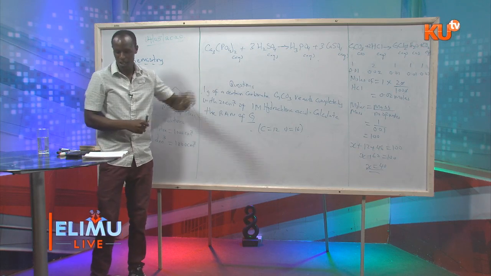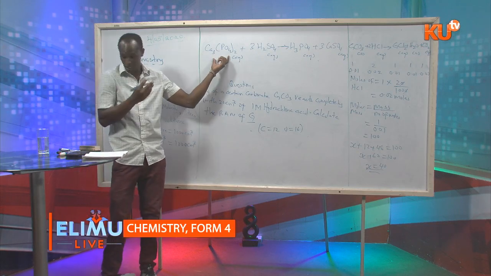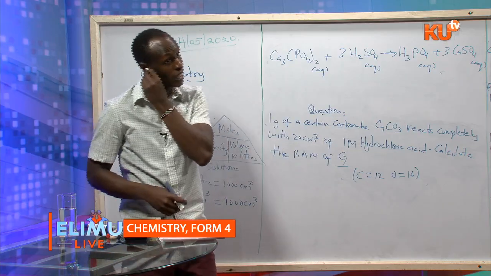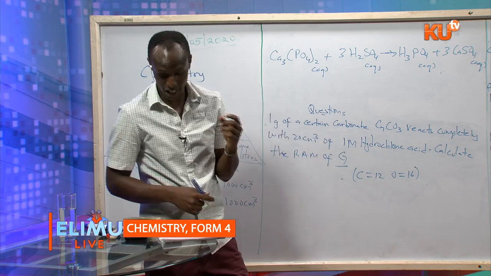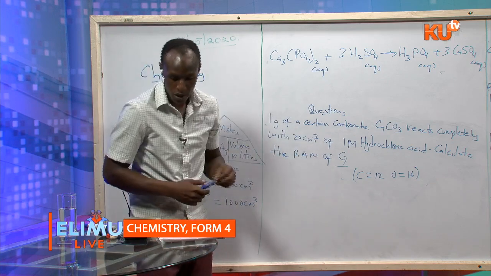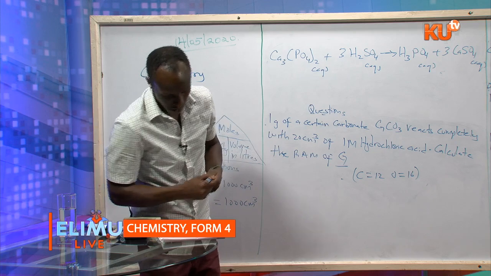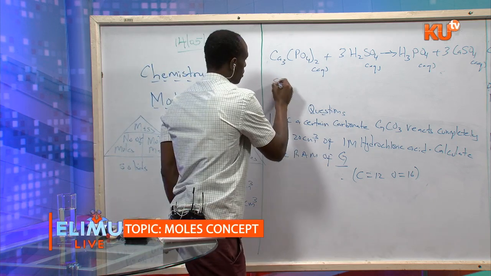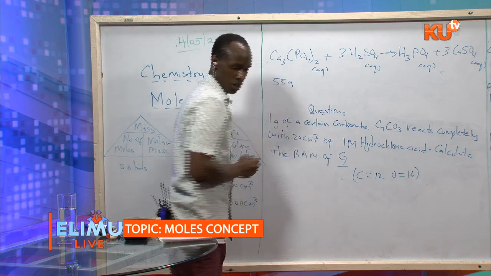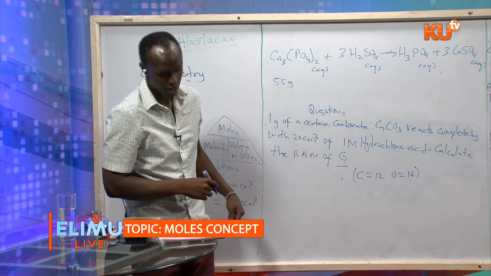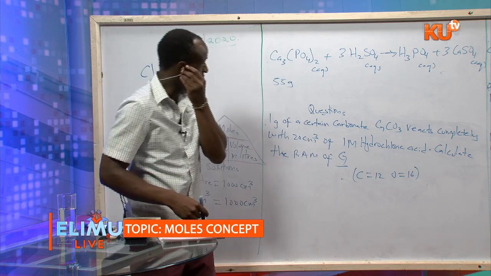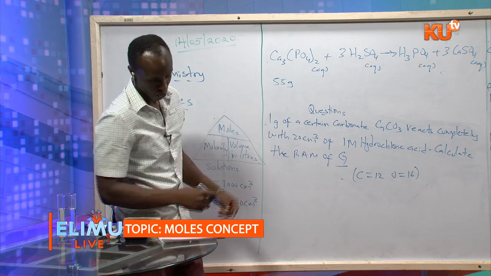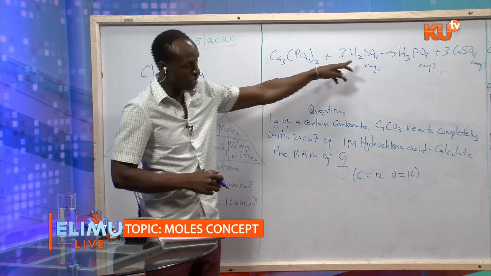Phosphoric acid is manufactured from calcium phosphate according to the following reaction. The question is, calculate the mass in kg that will be obtained if 55 grams of calcium phosphate reacts with the acid, if the acid is sulfuric acid.